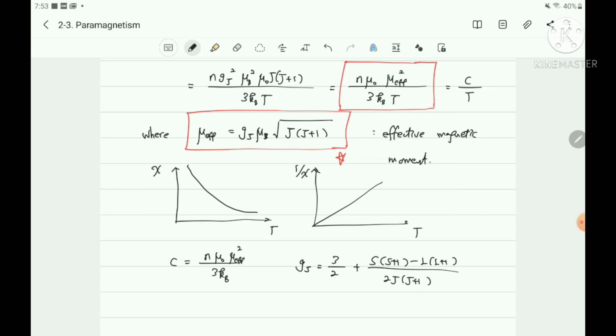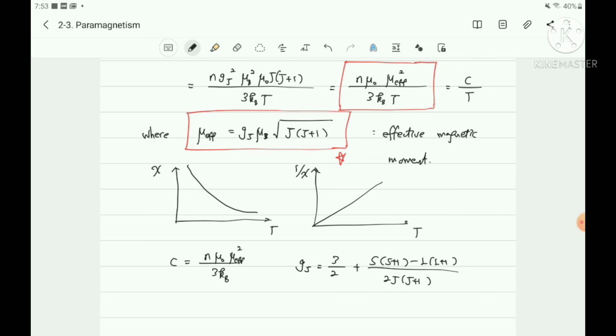From the theoretical estimation, just from the magnetic moment information, the gJ can be expected, and therefore we can estimate the J value, the total magnetic moment, and we can compare the theoretical expectation with the experimental finding.